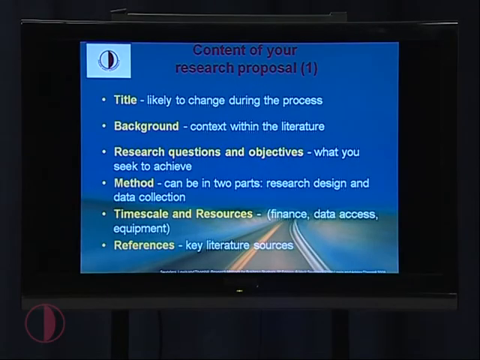And the method that you need: how do you collect your data, questionnaire, survey, interview, or just secondary data, to define and decide which type of methods you apply, quantitative or qualitative, during your research.